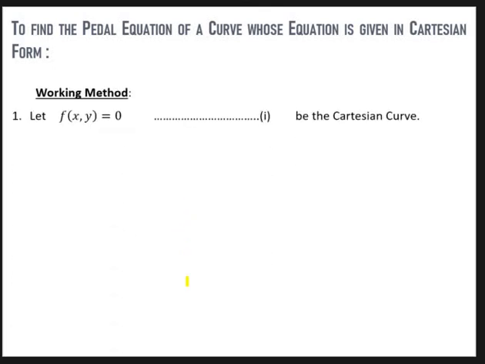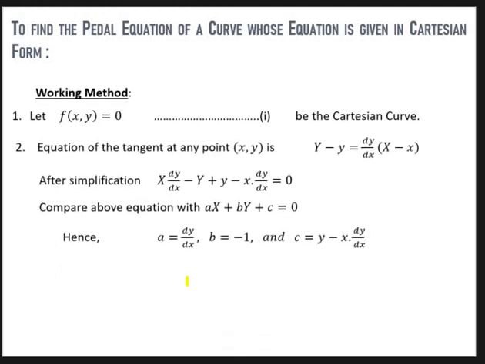Let us consider f of x, y is equal to 0 as equation 1, the Cartesian curve. Then step 2: the equation of the tangent at any point x, y is Y minus y is equal to dy by dx into X minus x.